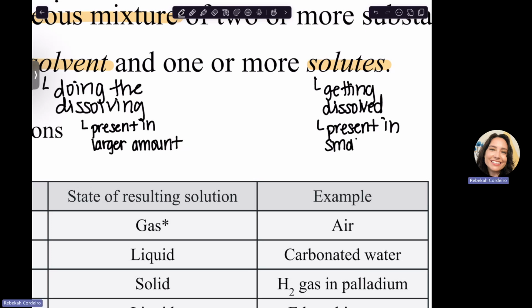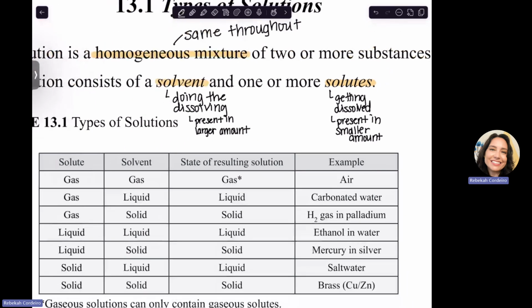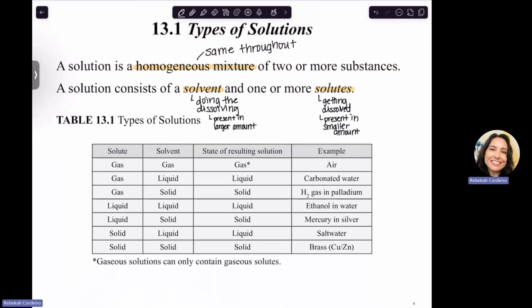So for example, in the air, oxygen would be a solute. Argon is a solute. Carbon dioxide is a solute. Water vapor is a solute. All hanging out in the solvent of nitrogen.